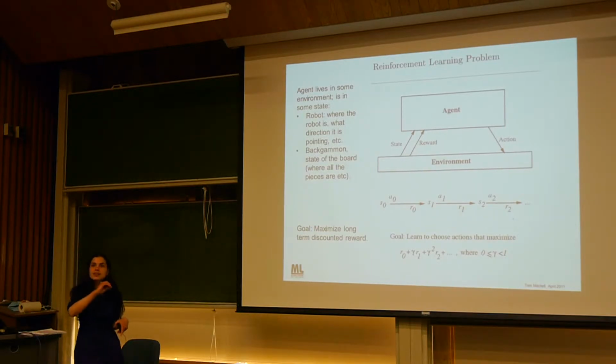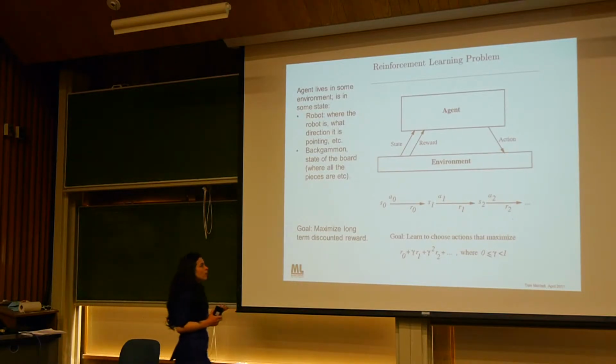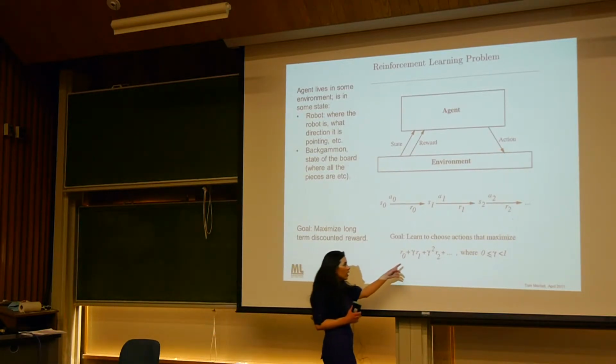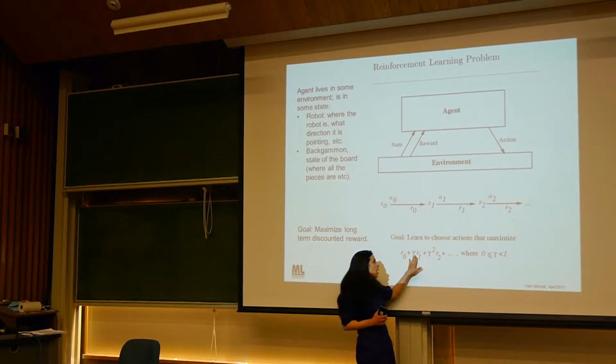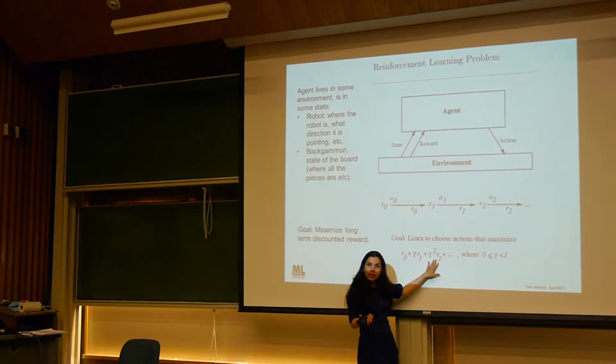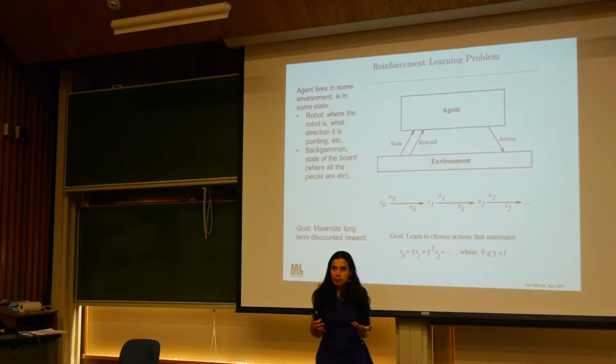If this is the sequence of rewards we observe, then the long-term discounted reward, discounted by discount factor gamma, will be this expression over here, where the reward we get immediately in the very first moment is R0, then the reward at time 1 is discounted by gamma, the reward at time 2 is discounted by gamma squared, and so on. In general, we discount the reward we get at time t by gamma to the t.